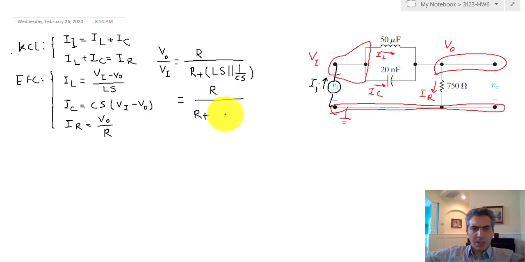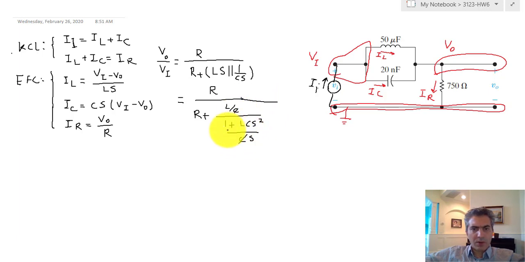Now these two in parallel would give you Ls times 1 over Cs, which is L over C, over Ls plus 1 over Cs, which would be 1 plus LCs squared over Cs. Okay, so these two C's go away.